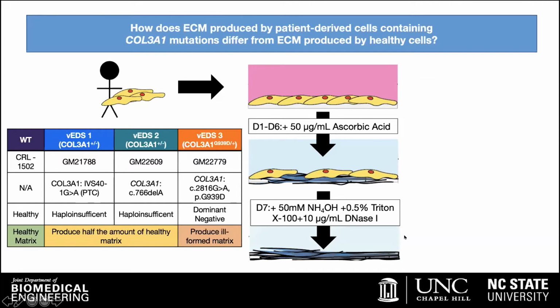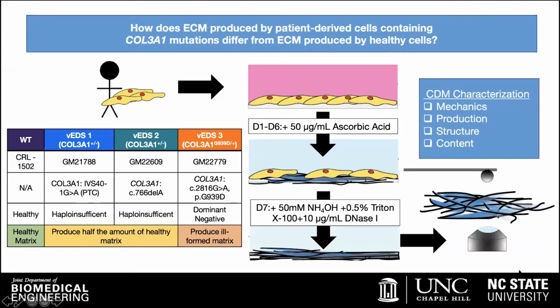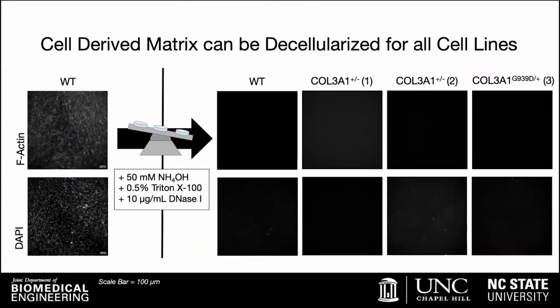And we're left with this ECM scaffold that we can then characterize in terms of mechanics, production rate, structure, and content to look at an overall picture of how ECM production might differ for patient cells with VEDS mutations versus healthy control.